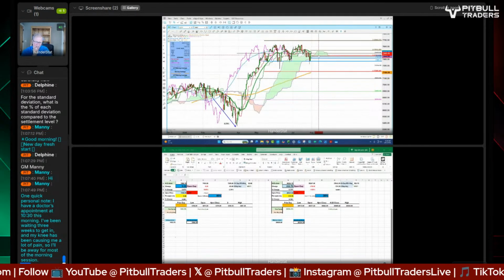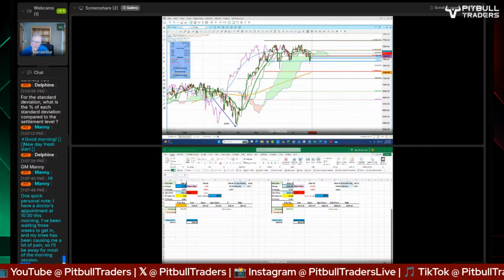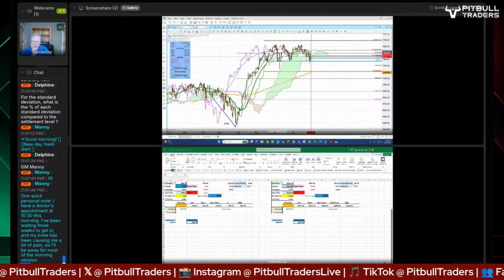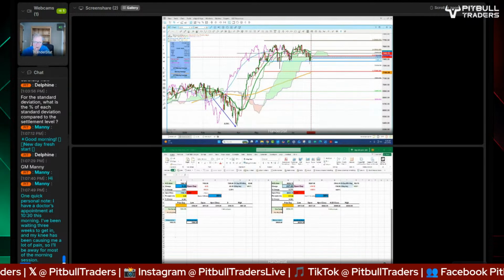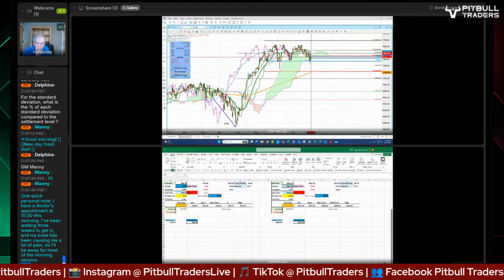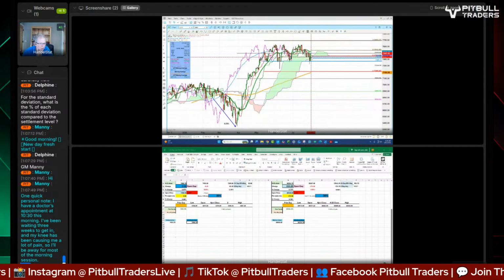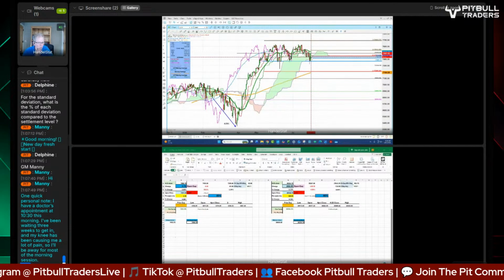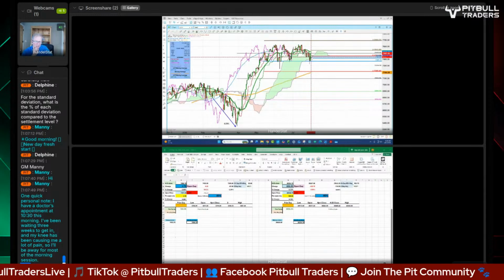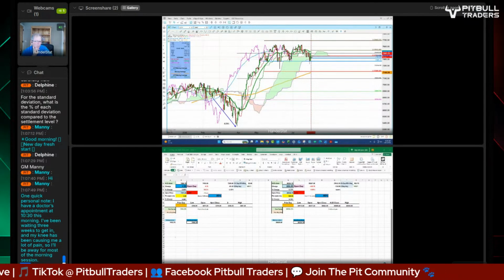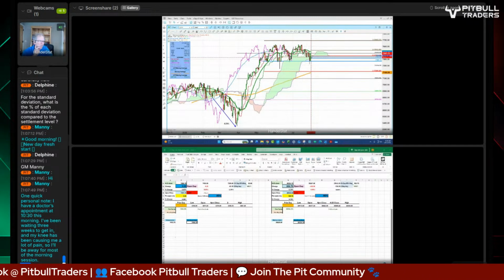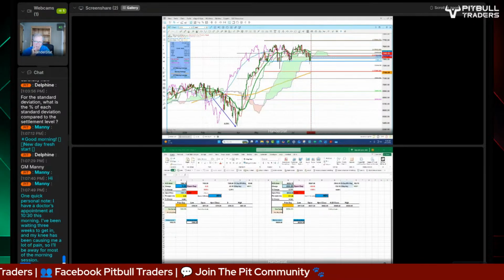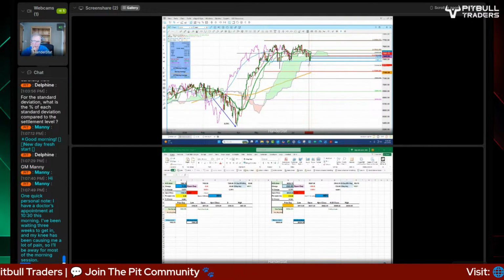Is it going to blast off up here, or is it going to pull back a little bit? And the top of the cloud right here is 74.6312. Easily go down and test that top of that cloud. And the Kijun here is 74.78. So it could easily test either one of those.